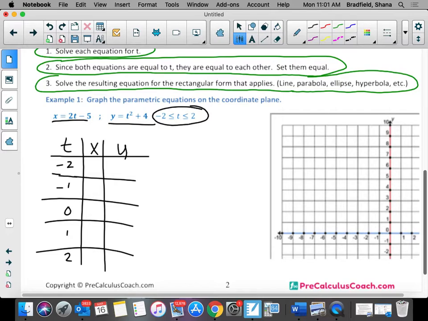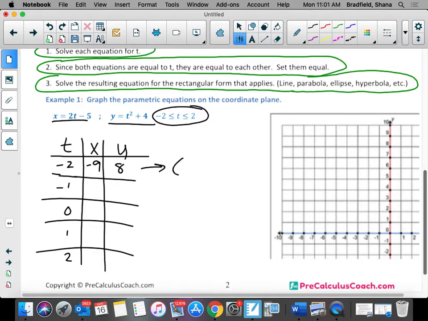And then I'm going to figure out what my corresponding x and y values would be. So if t is -2, I'm going to substitute that into the x equation, which would give me -4 minus 5, or -9. And in the y equation, -2 squared is 4, plus 4 is 8.